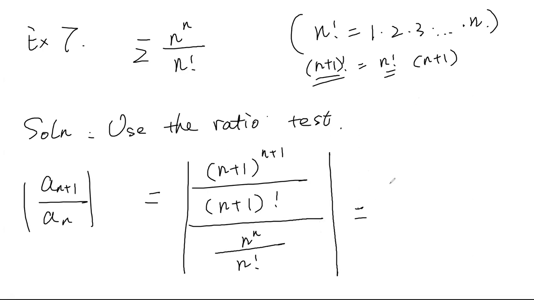And then from here, this is equal to (n plus 1) to the n plus 1 power divided by (n plus 1) factorial times n factorial divided by n to the n power.